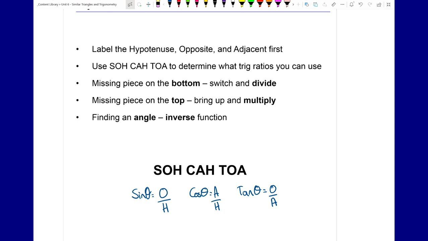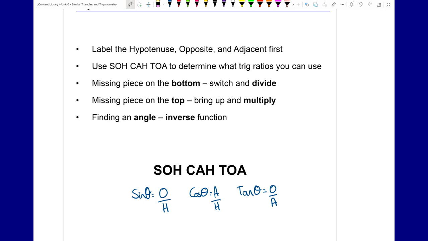To determine the ratio, we can use SOHCAHTOA to help us remember the formulas. SOH is sine theta equals opposite over hypotenuse. CAH is cosine of an angle equals adjacent over hypotenuse. And TOA is tan equals opposite over adjacent. That acronym just helps us remember what our ratios of our sides are.